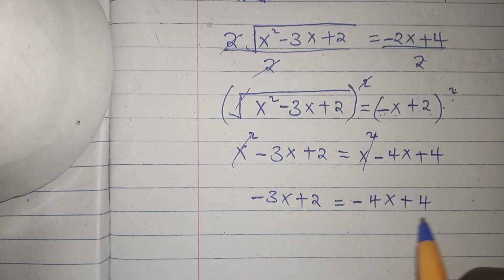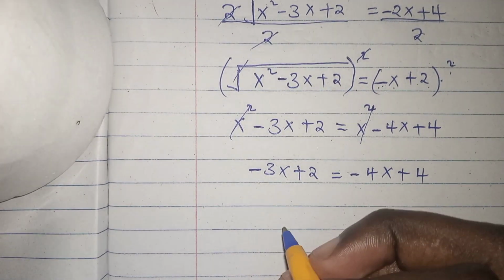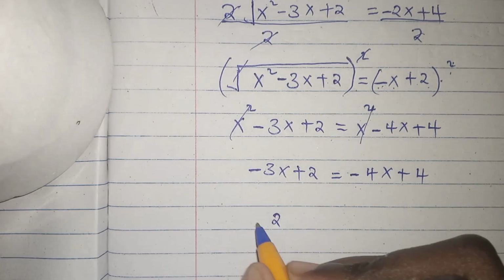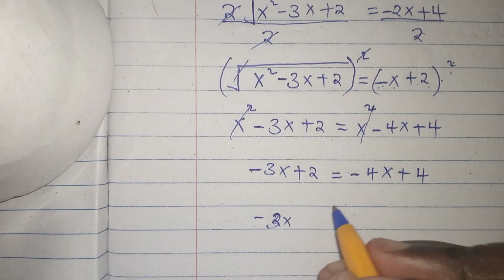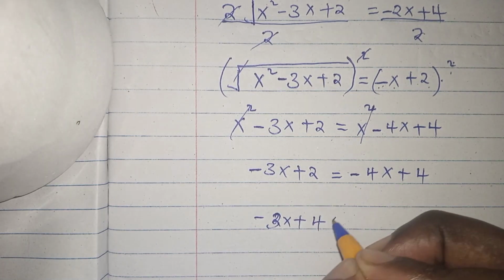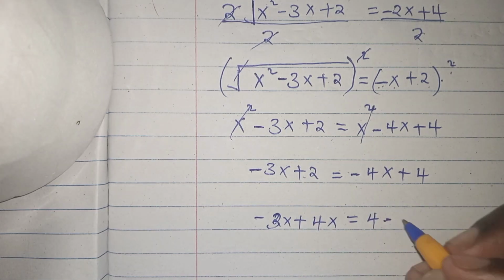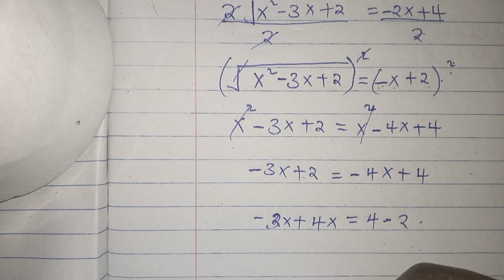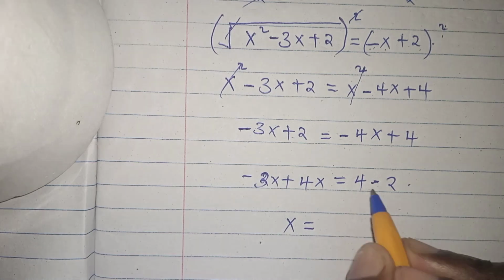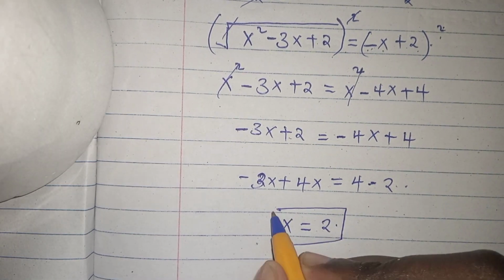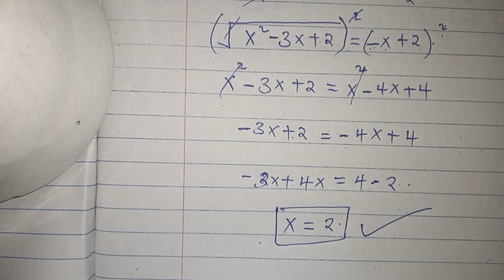So let us now collect the like terms together. So -3x plus 4x is equal to 4 minus 2. So this will give us x is equal to 4 minus 2, this is 2, and this is the value of x. x is equal to 2.